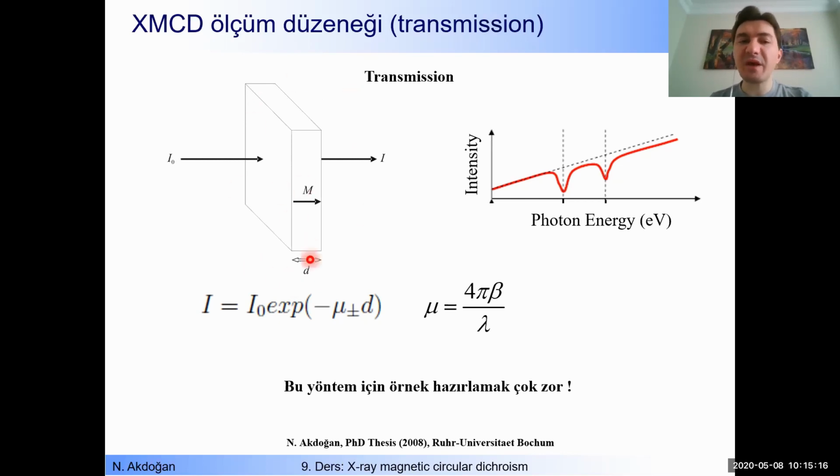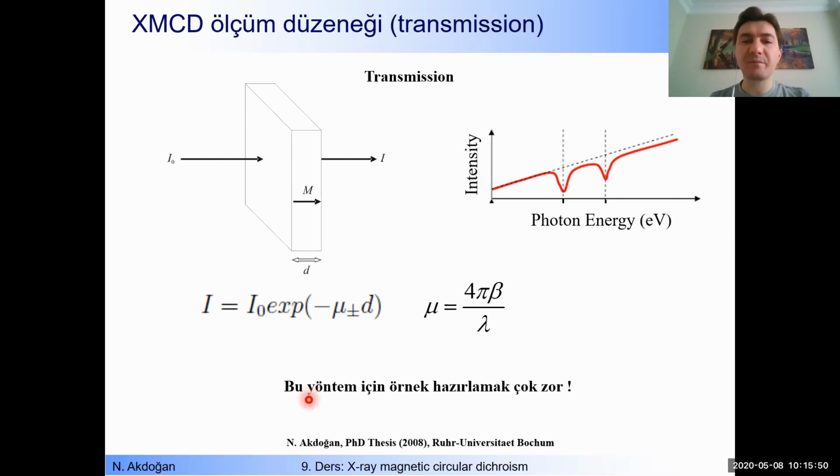You have to prepare very thin samples in order to allow soft X-rays to transmit through the sample, okay? So the sample preparation procedures are not so easy during these measurements. You can use chemical methods or other, let's say, expensive methods like the focused ion beam method, okay?